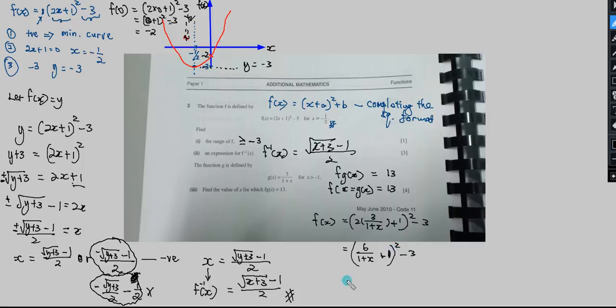Okay, now let's simplify whatever is inside the bracket. It's 6 over 1 plus x, plus this 1. Since we want to combine the two terms inside the square bracket, we have to have the same denominator, which is 1 plus x. Since this 1 here should be (1 plus x) over (1 plus x).